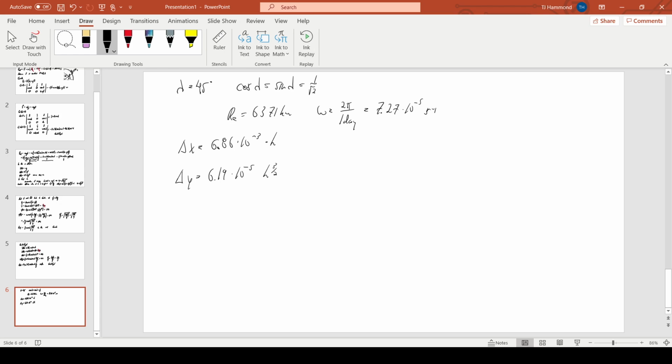Or let's look at these relative ratios. What we get is 1.1 times 10 to the 2 times 1 over square root of h. So that means that this delta y is going to be greater than this delta x when the height is greater than 12 kilometers.